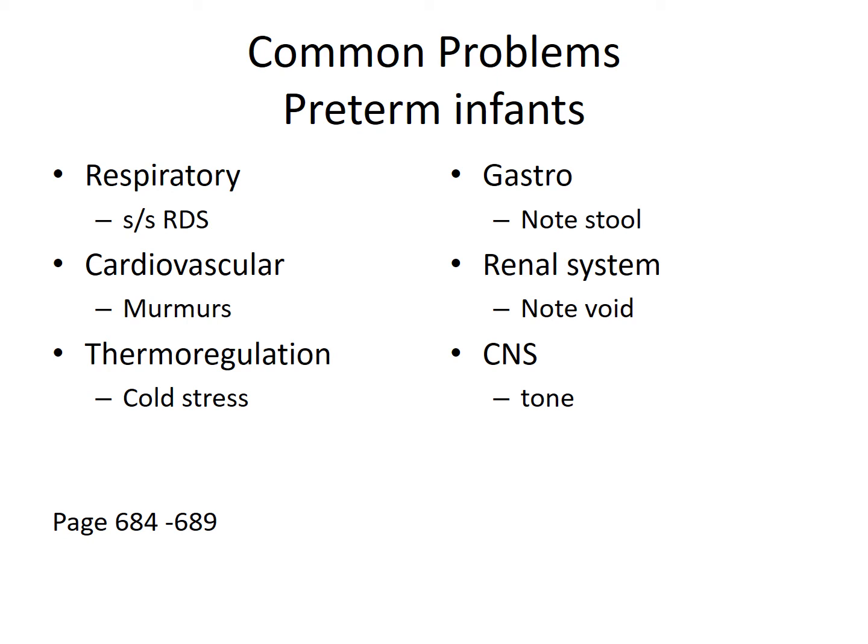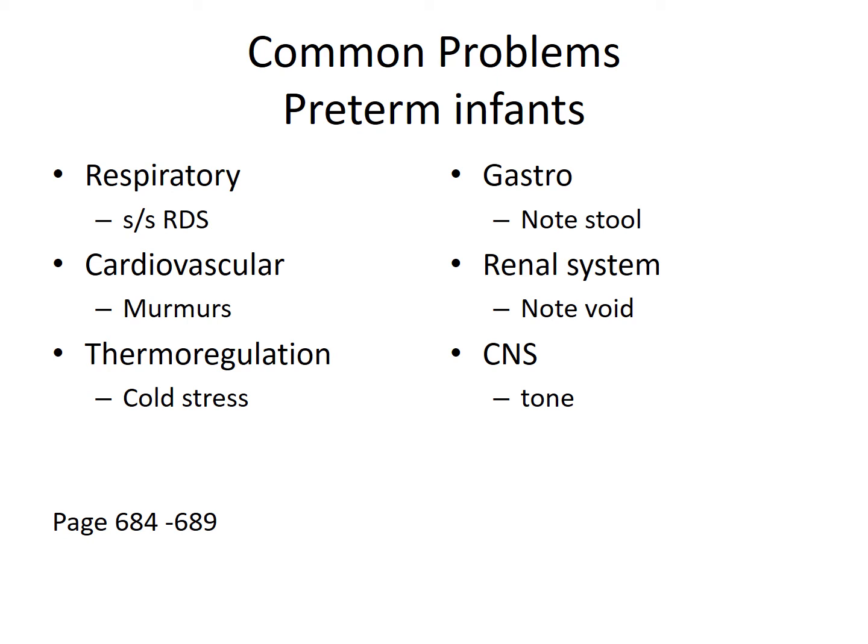Gastro: document passage of meconium and voiding, lack of suck and swallow and breathing. Remember, this is a method by which the baby has to learn a sequence, suck, swallow, breathe, in order to take nourishment in. If the babies are born too early, it takes them longer to develop that mechanism.